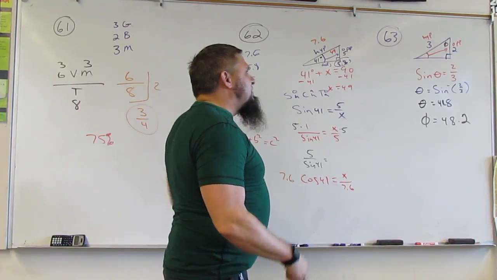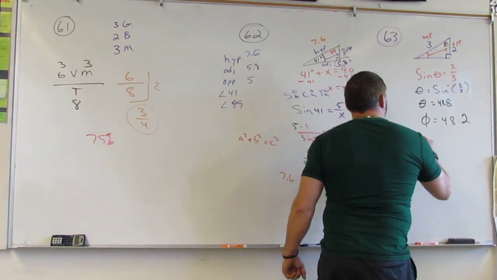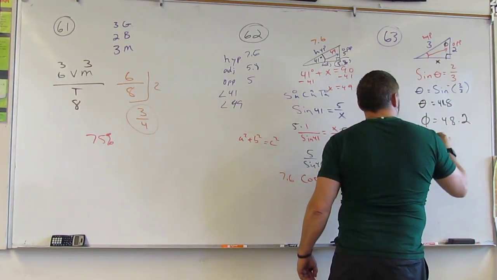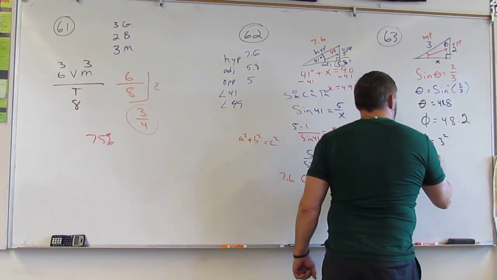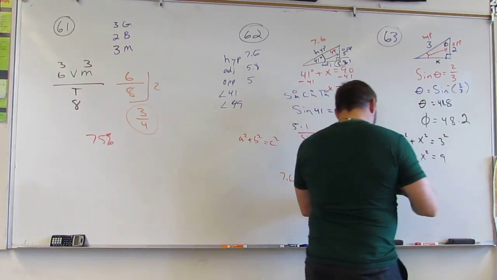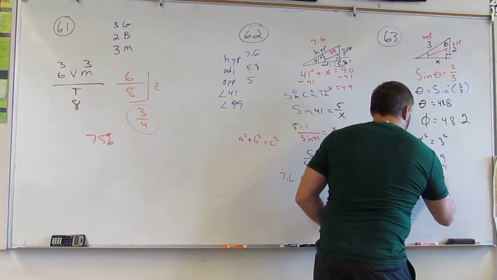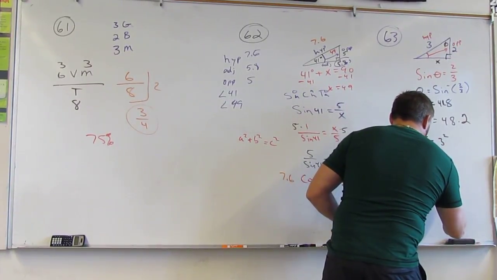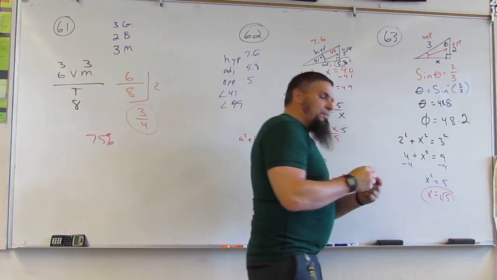So again, a squared plus b squared equals c squared. 2 squared plus x squared equals 3 squared. So that's 4 plus x squared equals 9. Subtract 4, x squared equals 5. So x equals the square root of 5.